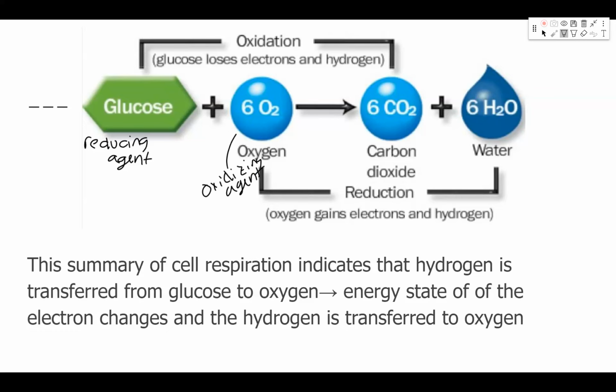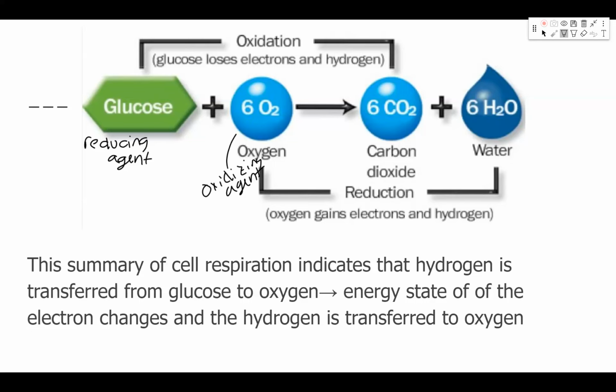The only thing that's different here than with our skeleton equation is that hydrogen is going to move with those electrons. That's where the hydrogens come into play. Wherever those electrons go, hydrogens are going to follow, because it's easier to transfer them that way.